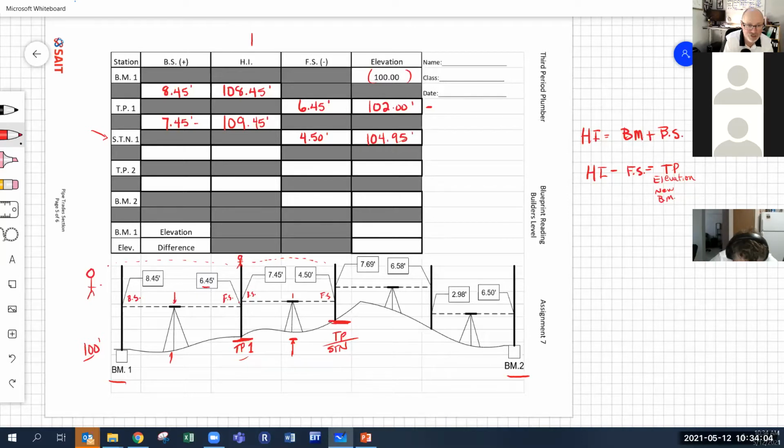Now we have a new elevation. So the rod guy stays put while you then move your instrument to a new location. And once you've moved your instrument to a new location, you take a back sight at that station. And the back sight says here, 7.69 feet.